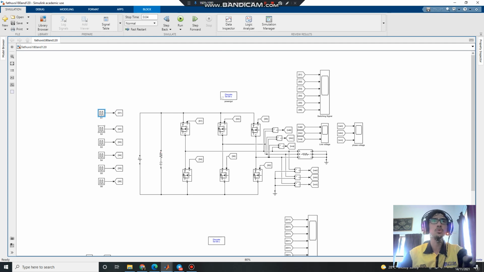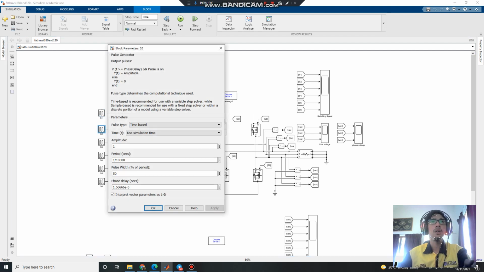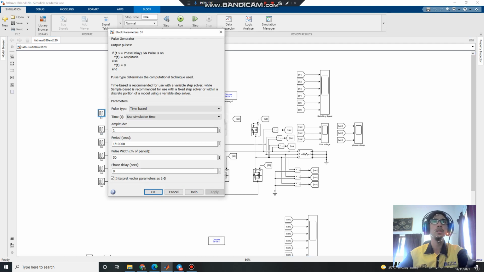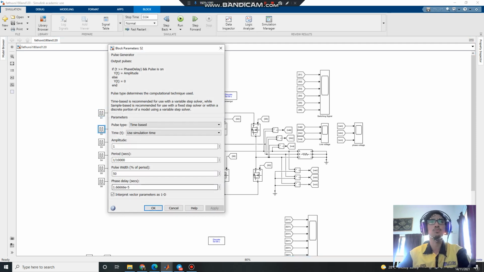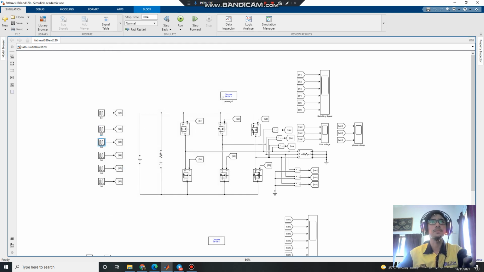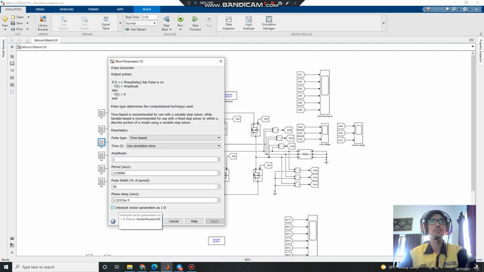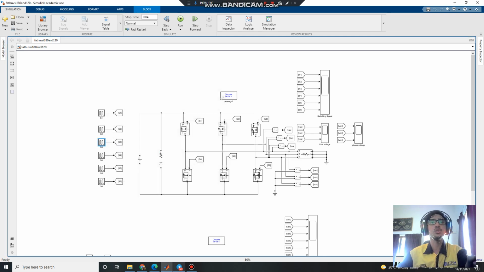S1 and S2 until S6 are the switching signals, for which we give a step. We set the phase delay: for T1 we set 0 seconds, for T2 we set 1.6 exponent negative 5, and for T3 it is 3.33 exponent negative 5, as shown in the lab sheet.